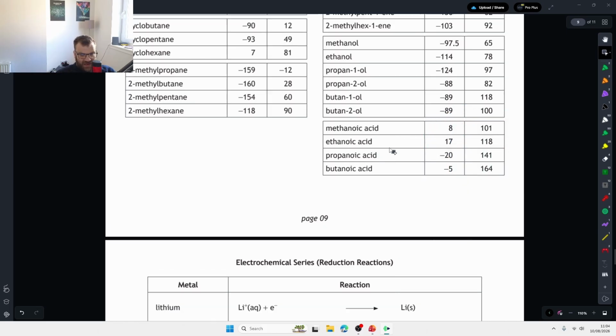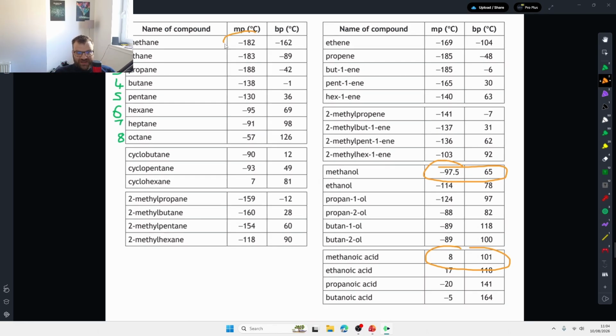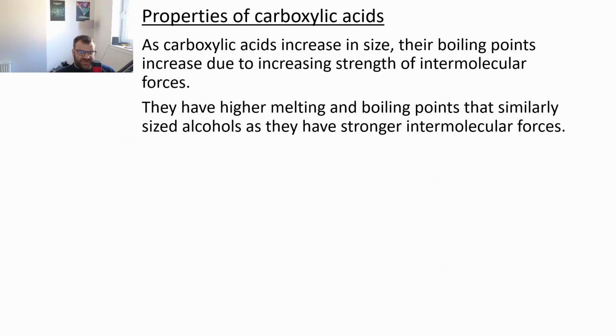Moving further along, we can compare them. If we compare them to, let's just do it to the alcohols, they will have higher melting points and boiling points than alcohols, and then also than the alkanes. Then, as I said, with alcohols, the stronger the intermolecular forces, the higher the melting points and boiling points. So you can use the values to help guide you there.